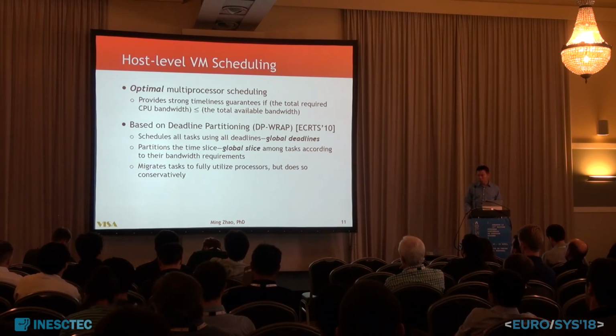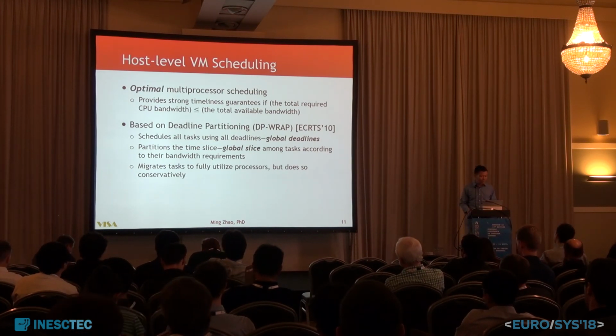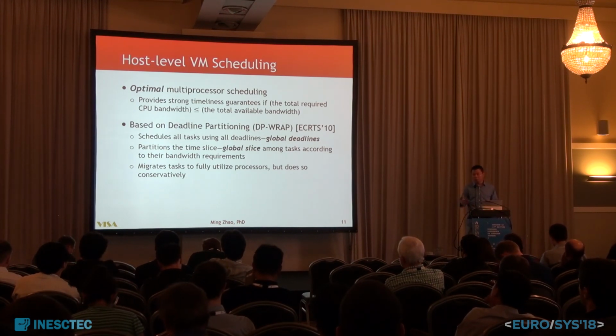At the host level, the scheduler is a lot more complicated than at the guest level. We want our scheduler to be optimal. We want to be able to do optimal multiprocessor scheduling. What that means is that if the total amount of available bandwidth is greater than or equal to the total amount of required bandwidth from all the applications, then we must be able to schedule all the applications.